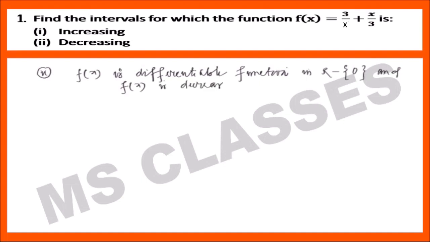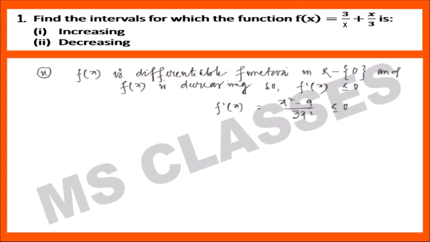So f'(x) is less than or equal to 0. Now f'(x) we have already got as (x square minus 9) by 3x square, which should be less than or equal to 0.